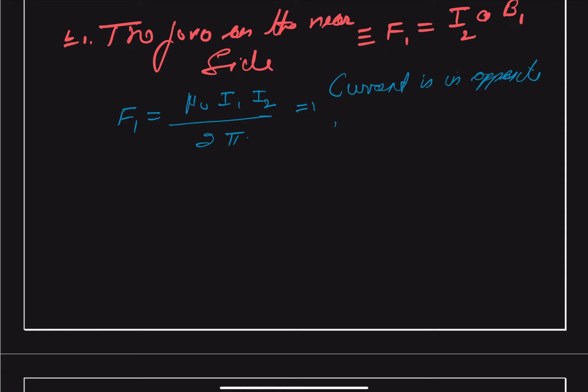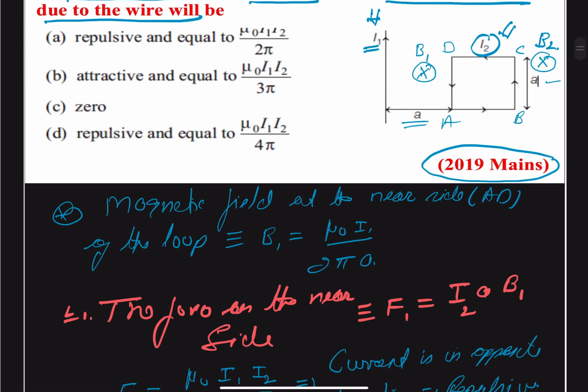Therefore, the force, that is our F1, will be acting in this direction on this particular conductor, that is our AD.